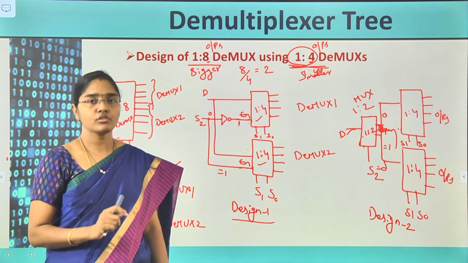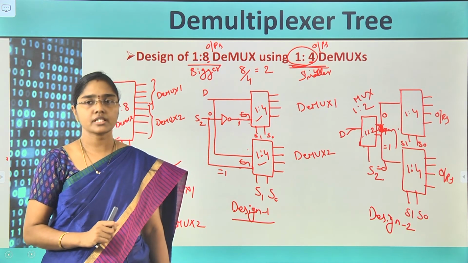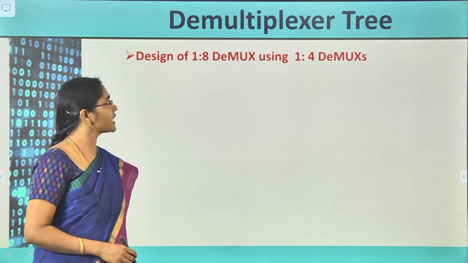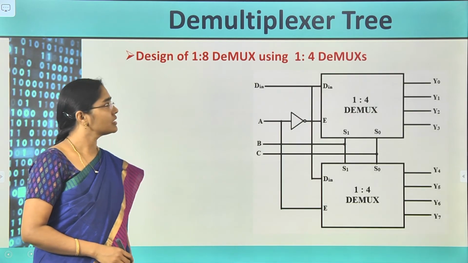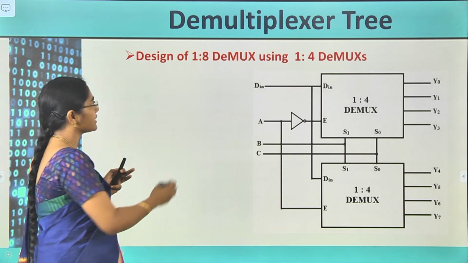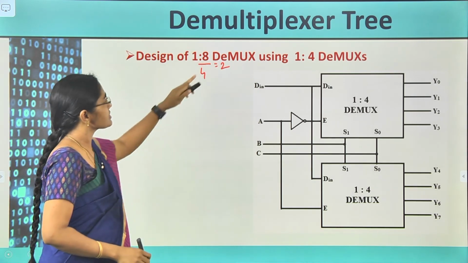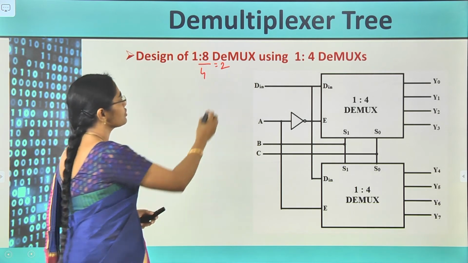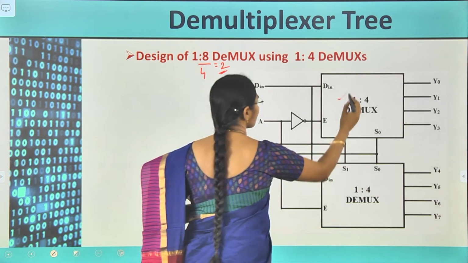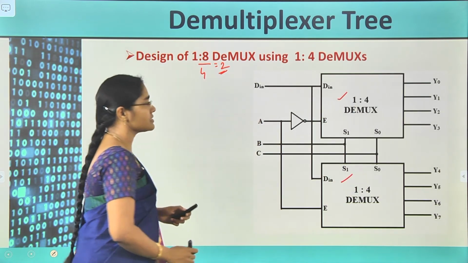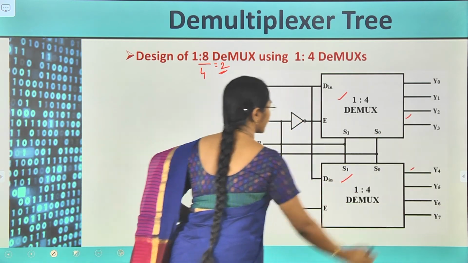Okay, this is the design of a 1:8 demultiplexer using 1:4 demultiplexers. We calculated that 2 demultiplexers are required, because 8 outputs divided by 4 outputs gives 2 1:4 demultiplexers. So 2 1:4 demultiplexers are used, and the outputs are distributed between the first one and the second one.